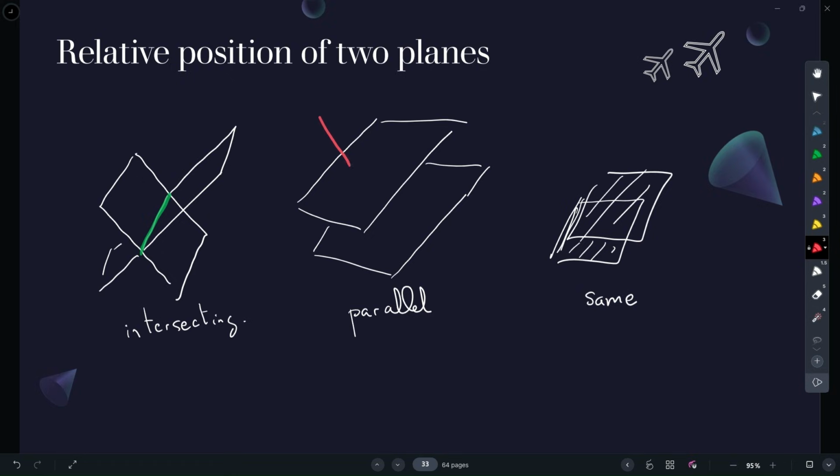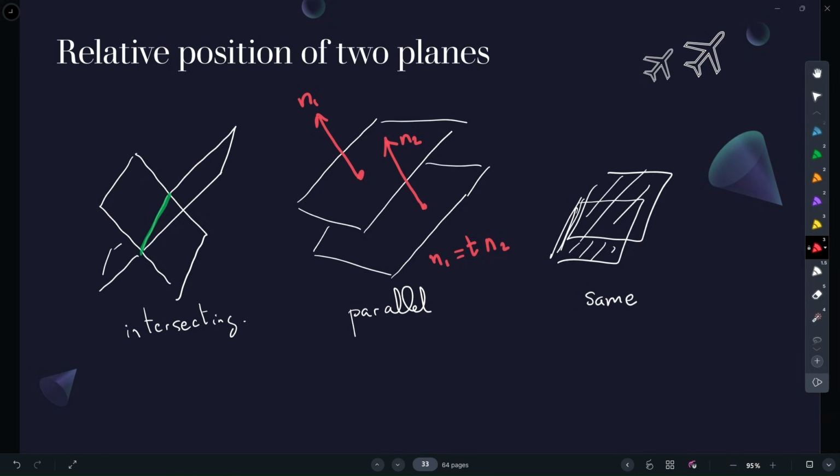Well, I can look at their normal vectors, and they're going to be parallel if they have exactly the same normal vector or a scalar multiple of the same vector. So this is n1, n2, and n1 is some multiple of n2, but they are not exactly the same plane if they don't share any points in common.